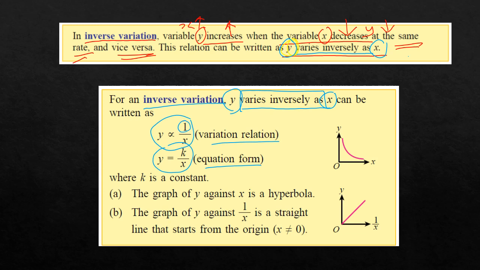K times 1 will be k over x. And then if you draw the graph y against x, it is actually a hyperbola. But if you draw y against 1 over x, you'll get a straight line, and it starts from the origin.